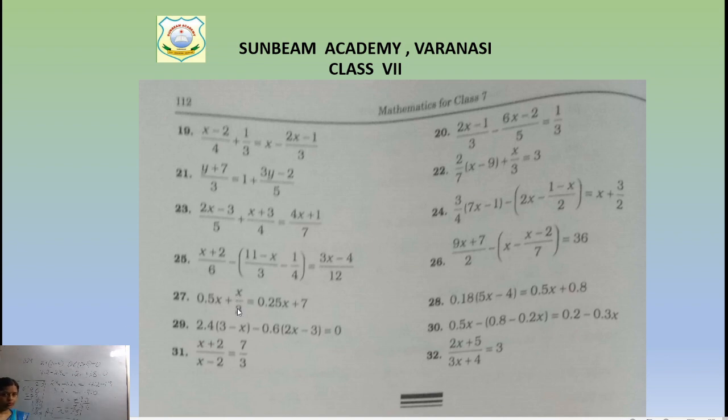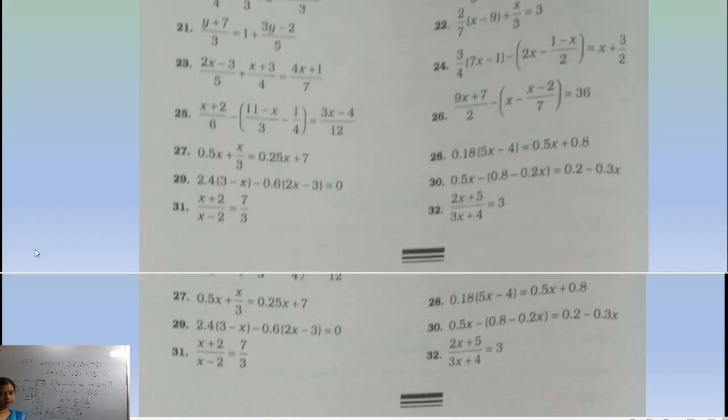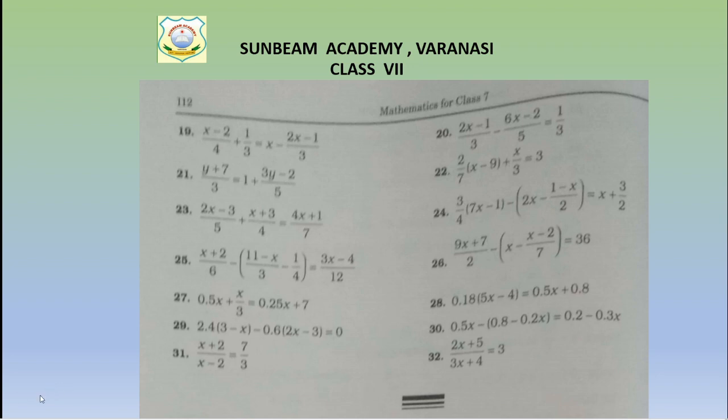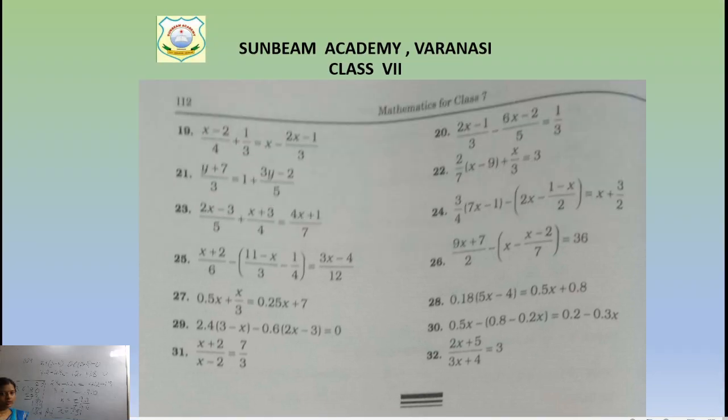x plus 2 by x minus 2 is equal to 7 by 3. Okay. Now write down x plus 2 by x minus 2. I am erasing the board, children. Quickly write down in your notebook. 31.